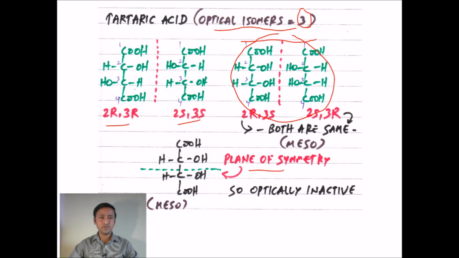Now if you see these structures, at first I had taken 2R 3R and its mirror image will be 2S 3S. These contain 2 chiral carbon atoms and they should be optically active and rotate the plane of polarization or plane polarized light.